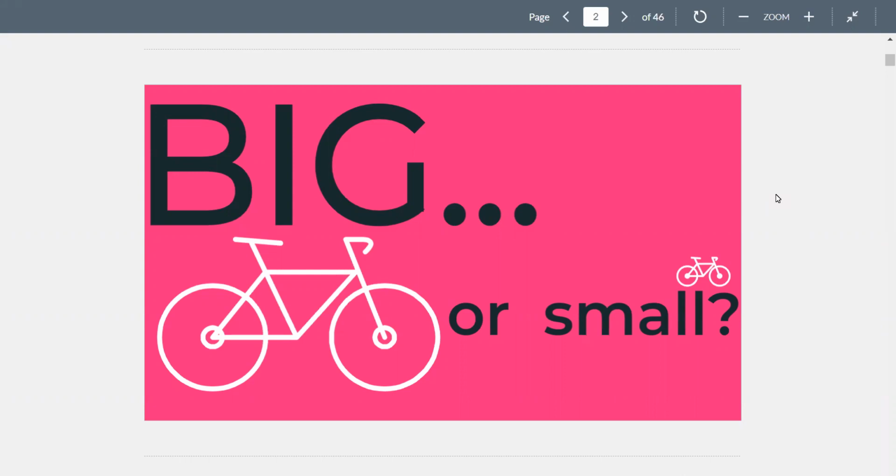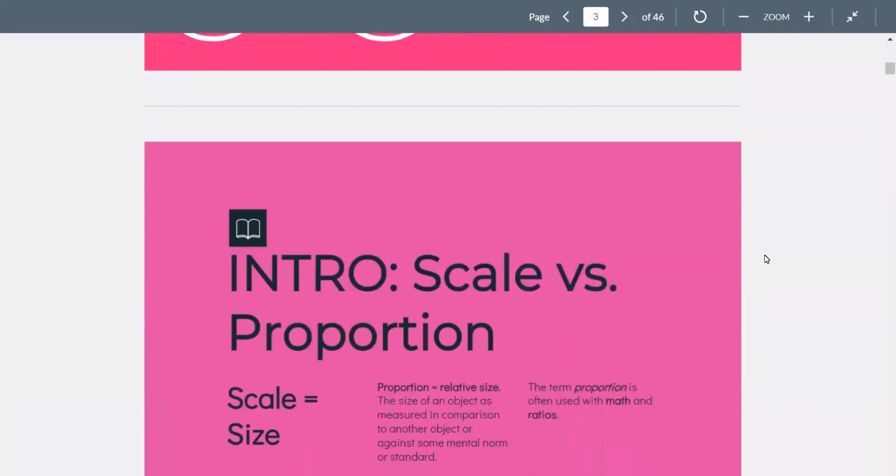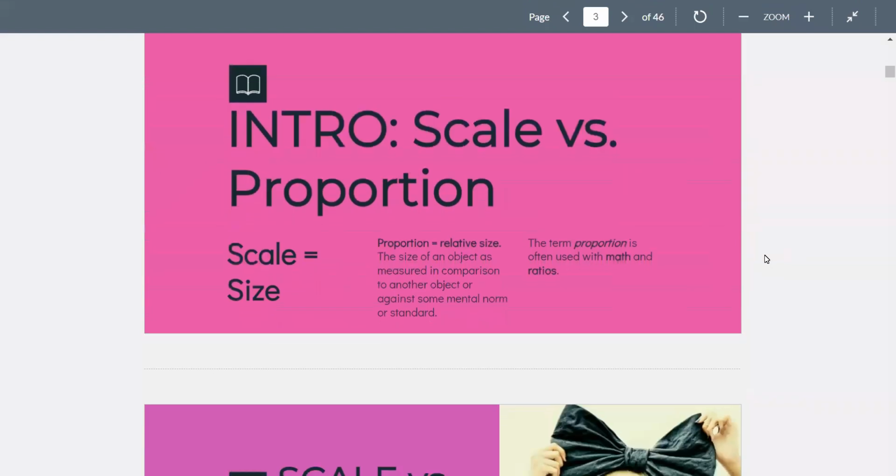When we compare two elements within the same object, we are talking about proportion. I think you guys understand what I say. So we will see in the following examples. Okay, let's go to here.